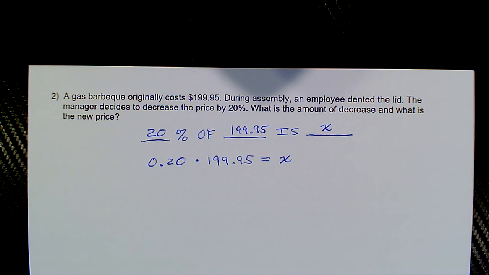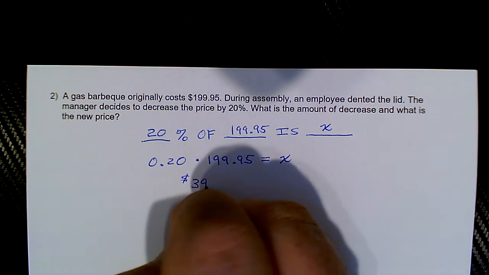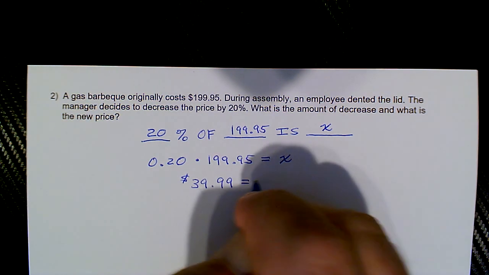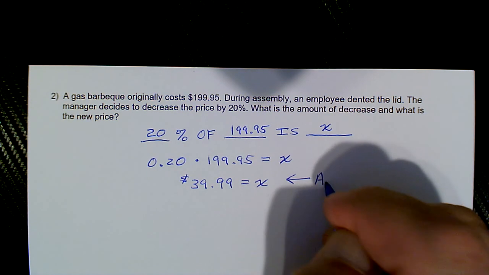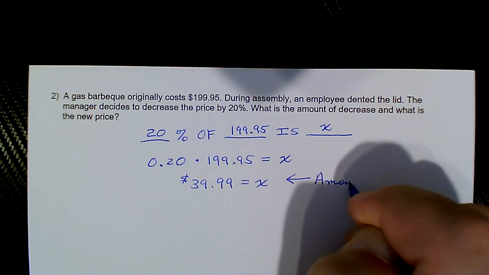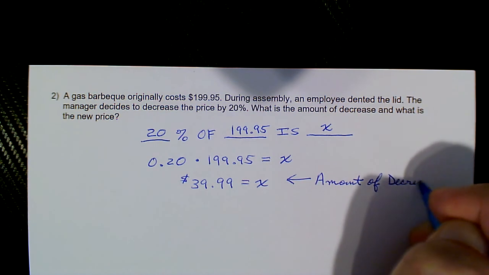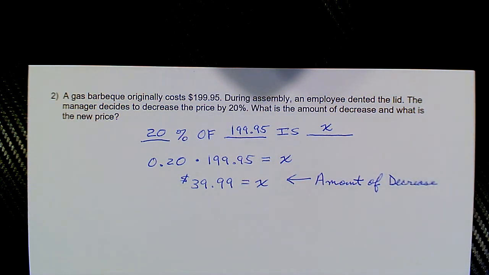So on the calculator, 0.2 times 199.95 is $39.99. Okay, so that represents the amount of decrease. And so now we want the new price.